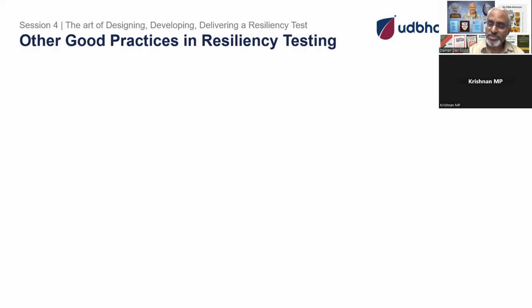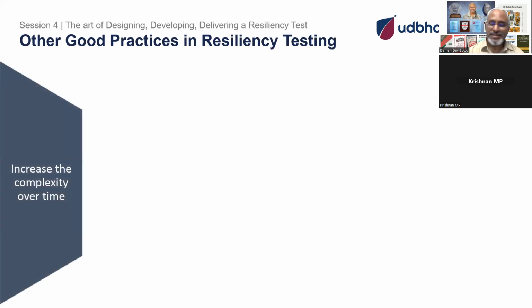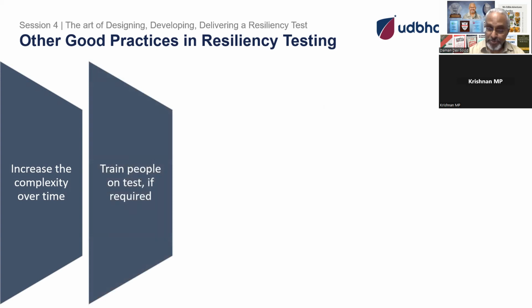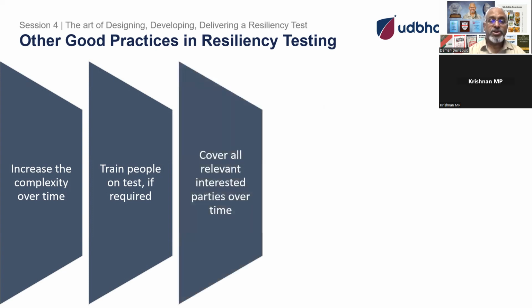Some other good practices quickly. Increase the complexity over time, which I've said a couple of times. Train people if required. You may have to, you will have to. Cover all relevant interested parties over time. So the first test, all internal.